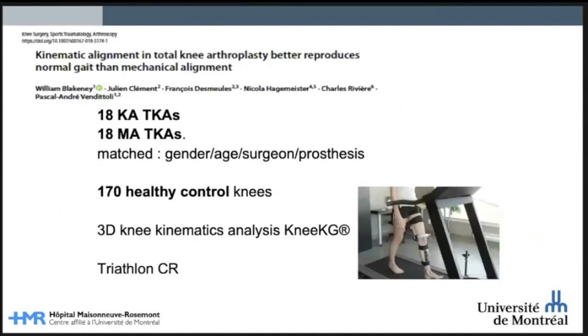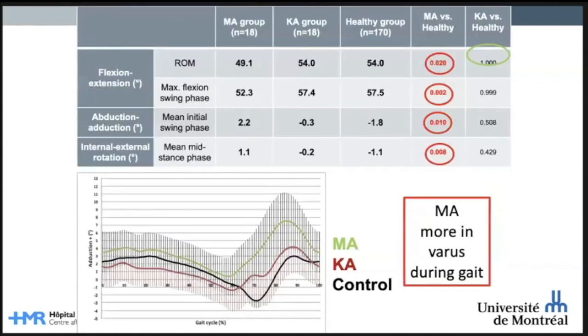The result of our RKA technique in patients was assessed in a study where we compared 18 KA total knee patients with 18 MA total knee patients using the same implant. We assessed their gait with the KneeKG tool. Their results were compared to 170 control patients where there was no knee pathology or implant.